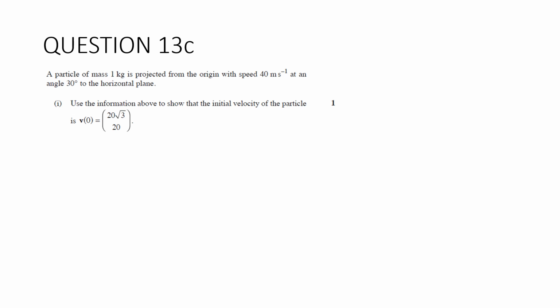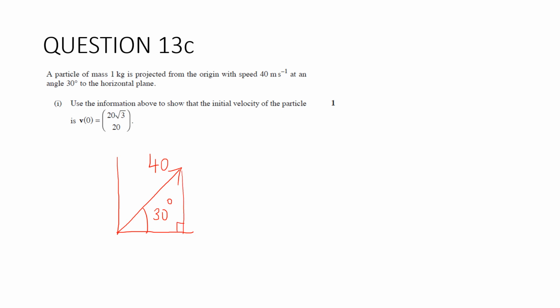13c. A particle of mass 1 kilogram is projected from the origin with a speed of 40 meters per second at an angle of 30 degrees to the horizontal plane. Use the information above to show the initial velocity of the particle is given by the vector v0 equals (20 root 3, 20). Okay, so we're just going to find the components of velocity.